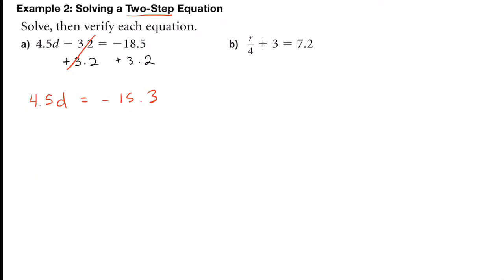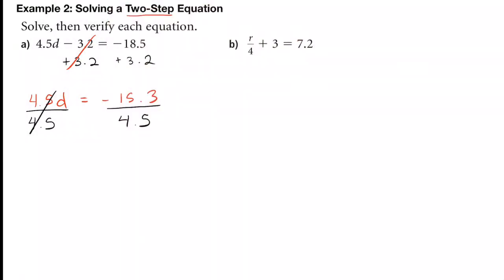All right, so we have one more step that we need to do. On the left side, we have 4.5 times d is equal to negative 15.3. So 4.5 is multiplying d. I don't want that there. So the opposite of multiplication is division. But we need to divide both sides by the same thing. 4.5 divided by 4.5 cancels out.